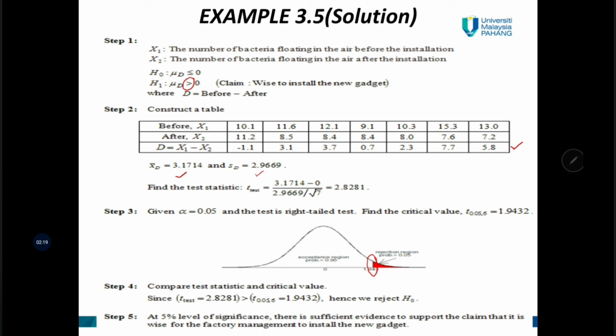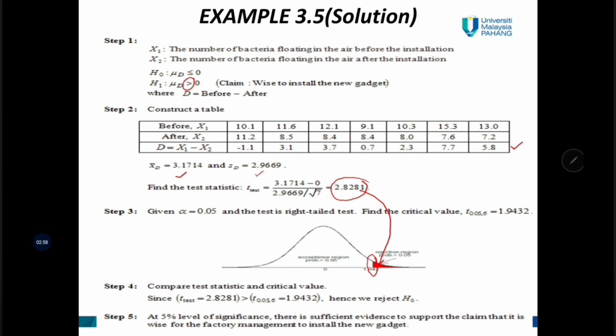Now go to step 4, which is the decision on H0. As usual, we compare the test statistic in step 2 to the critical value in step 3. When we compare these two values, we can see that the t-test value is greater, meaning it lies in the rejection region.